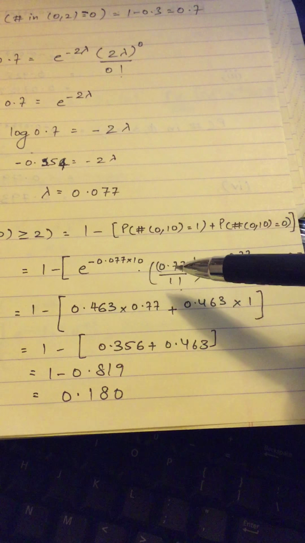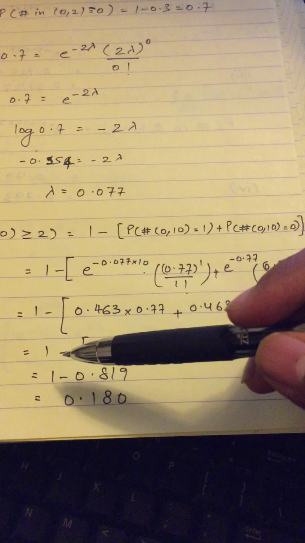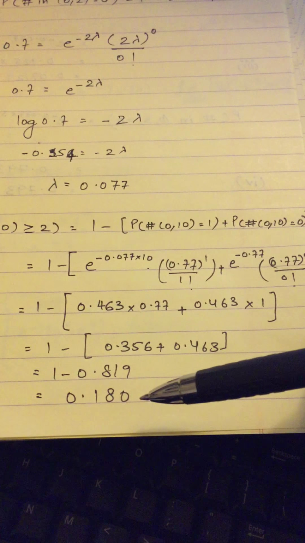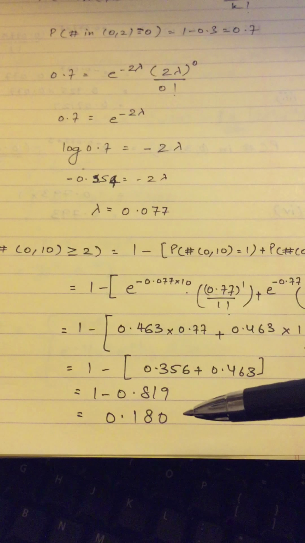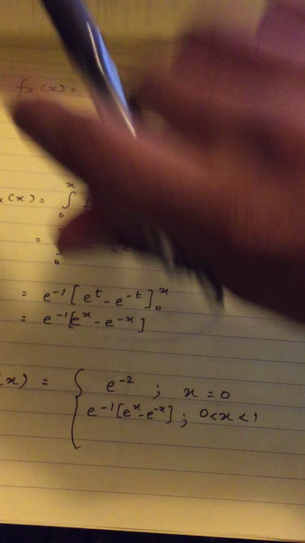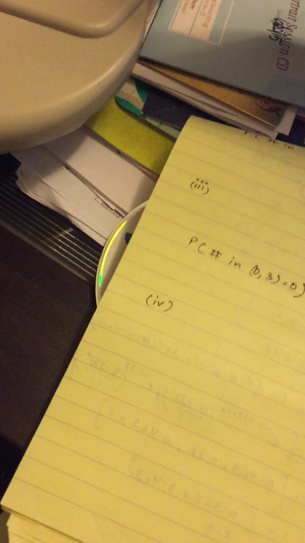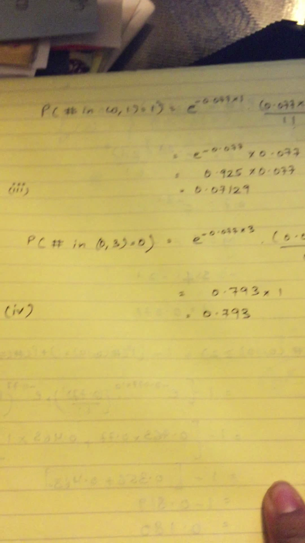So we substitute the values for both cases and solve it a bit further. We come out with this expression, that's the final one. So the probability that within the first 10 minutes at least 2 customers will come is 0.180. That was the second answer.